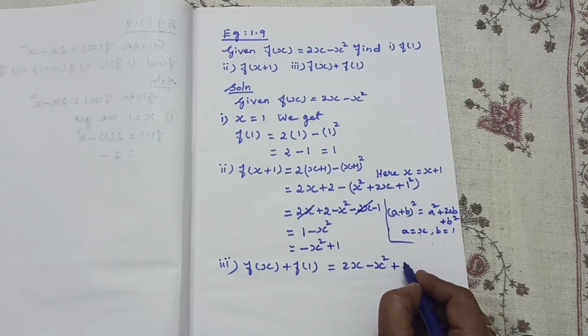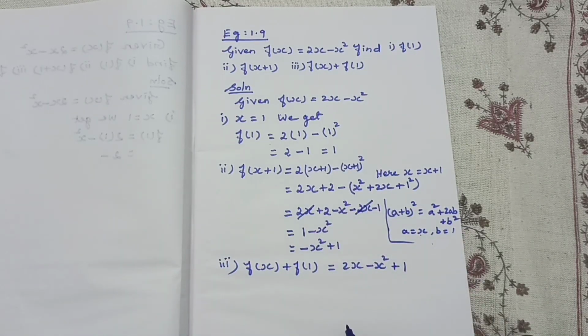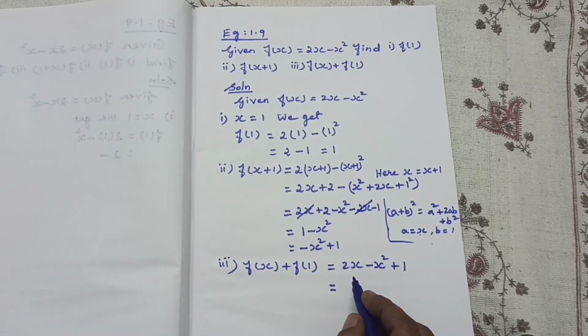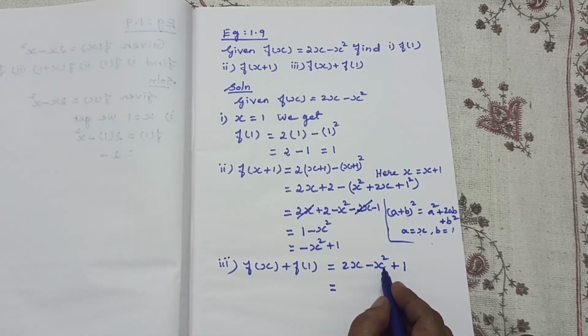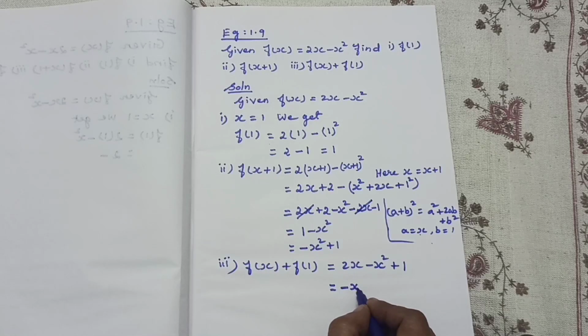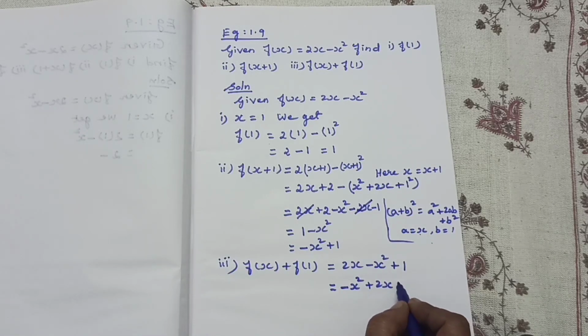That 1 we have to substitute here. Then we have to arrange the descending power. First we have to write this minus x square. Then afterwards x term 2x, then constant term. Order wise we have to write x square term, x term and constant term.